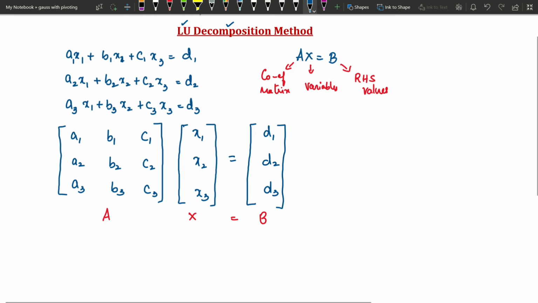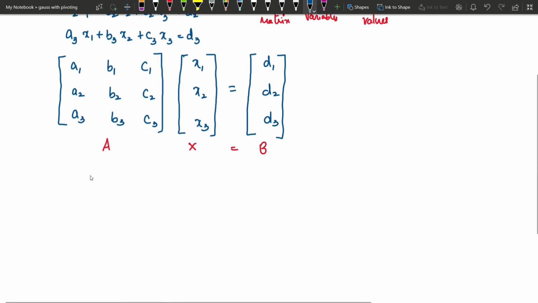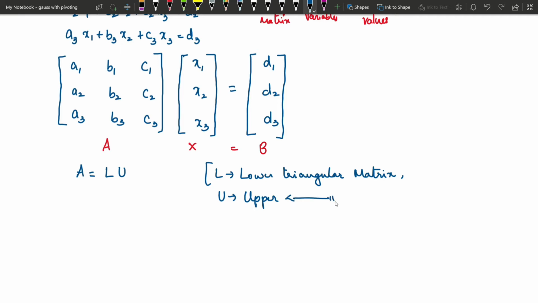In this method, we will be decomposing the coefficient matrix into product of two matrices, which is L and U. So that is why it is called as LU decomposition method. So here we will decompose A as a product of two matrices L and U. Here L means lower triangular matrix and U is the upper triangular matrix.